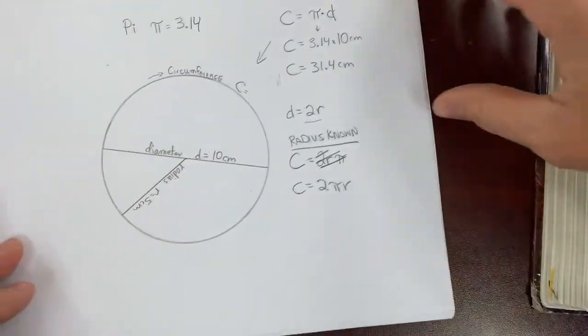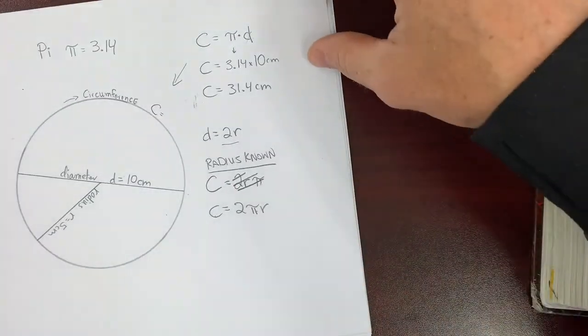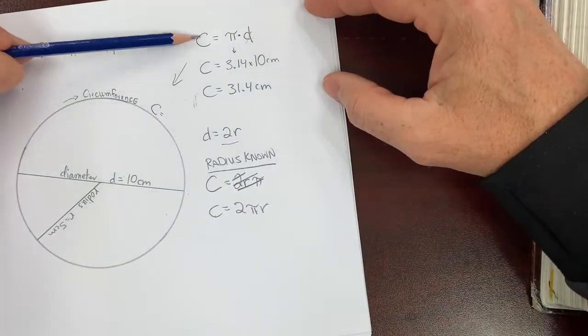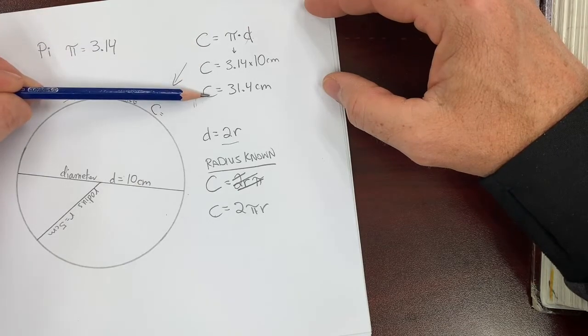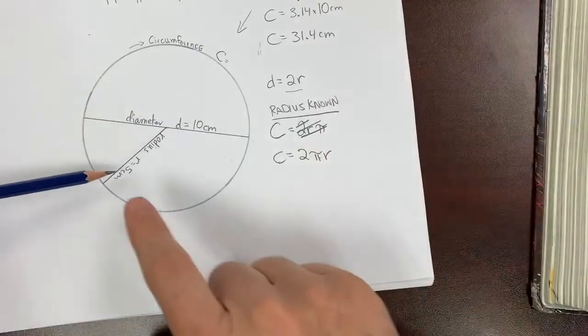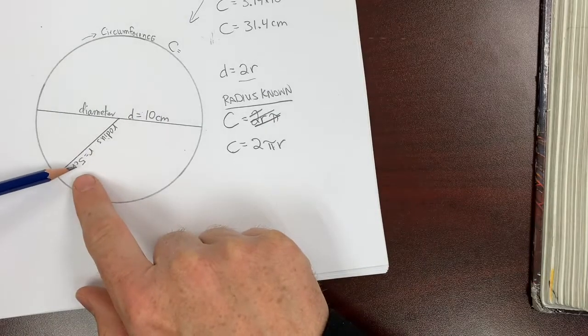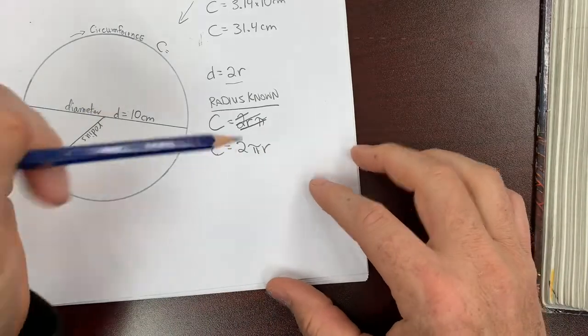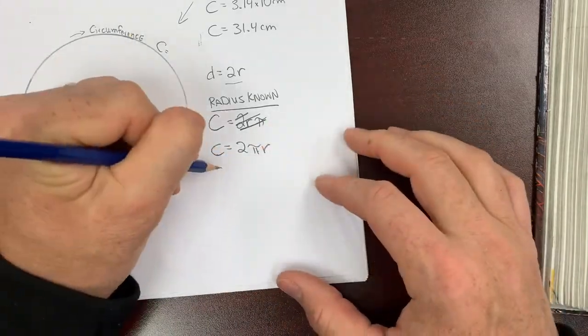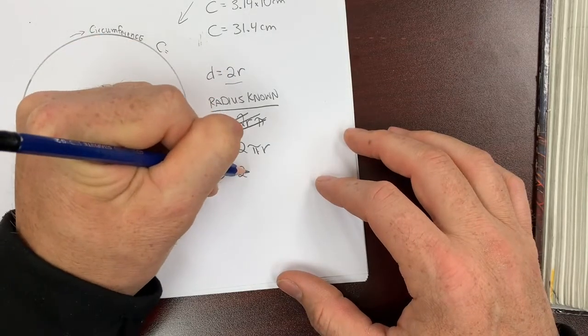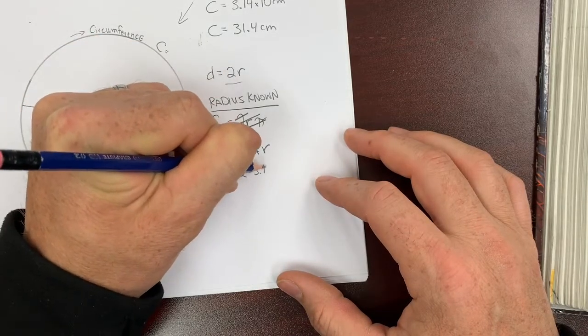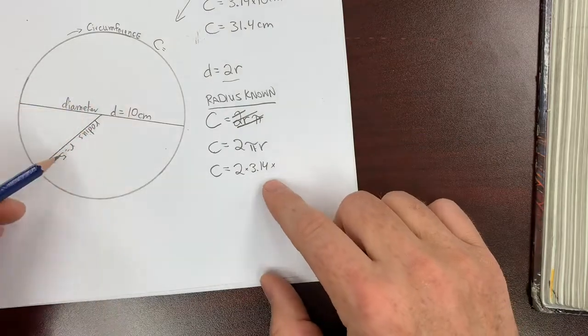Now we're going to practice this on a few questions here in your textbook. You notice there are 3 steps every single time. So let's say this one here, we're going to do the radius. I would have the formula, I would then fill it in. Radius is 5.